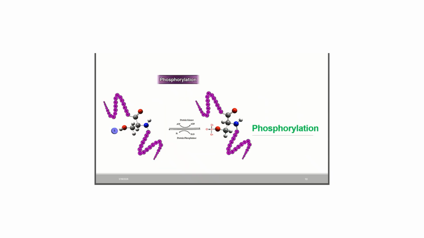As you can see here, it is reversible, with kinases enhancing the addition of the phosphate group and phosphatases reversing the process of phosphorylation and releasing the phosphate group. So it's a reversible process.